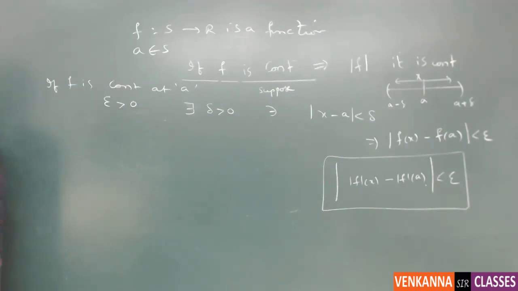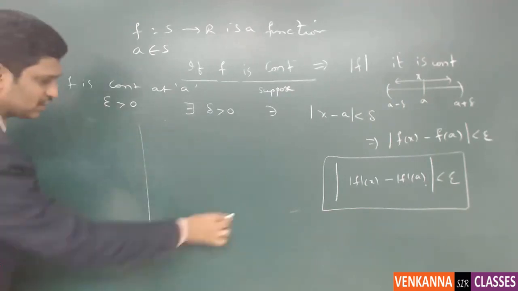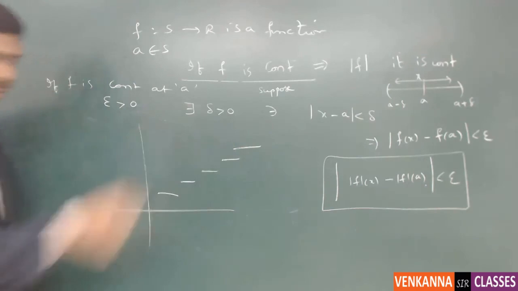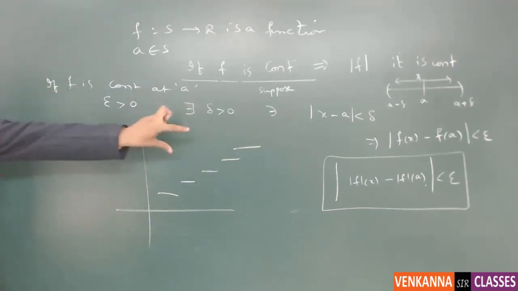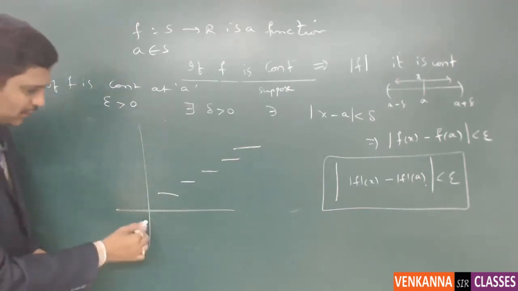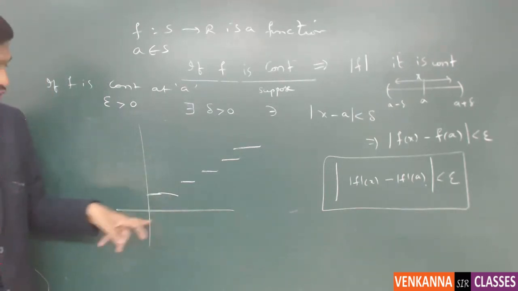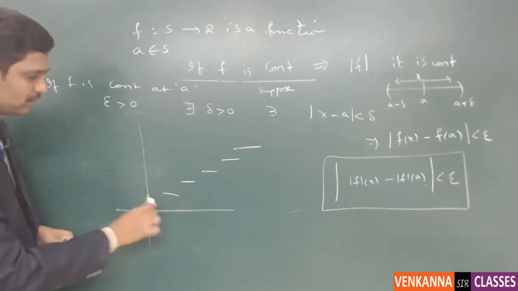Right. So step function is integrable. So is each step function a continuous function? No. At every integer value it has a discontinuity, right? Because if you draw the graph of the step function, it is going to come like this. It has a jump discontinuity. So whatever real number you take, from 0 to 1 its value will be 0.